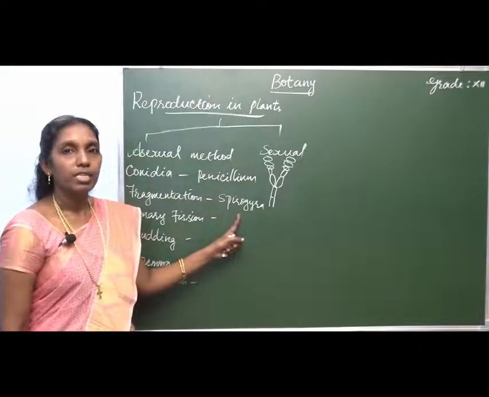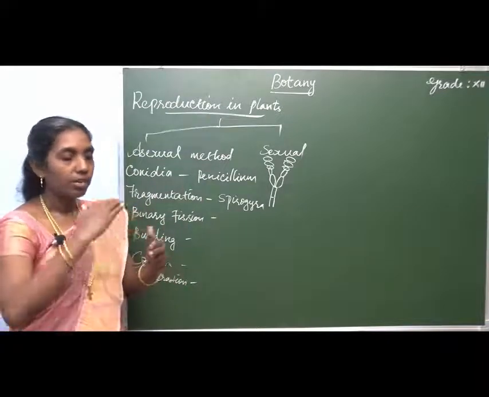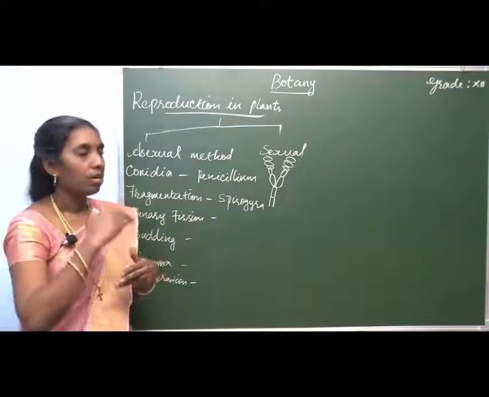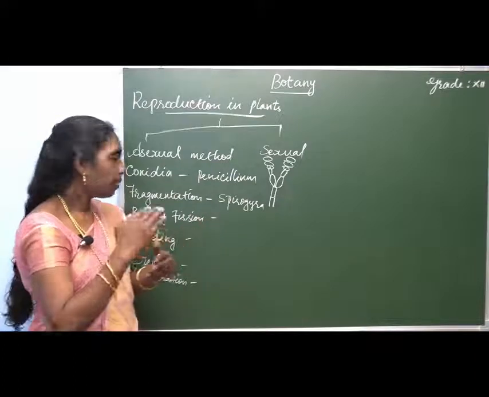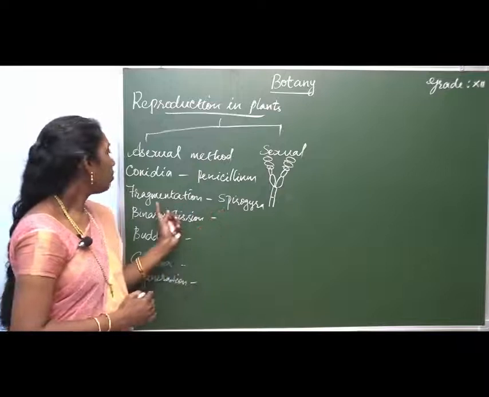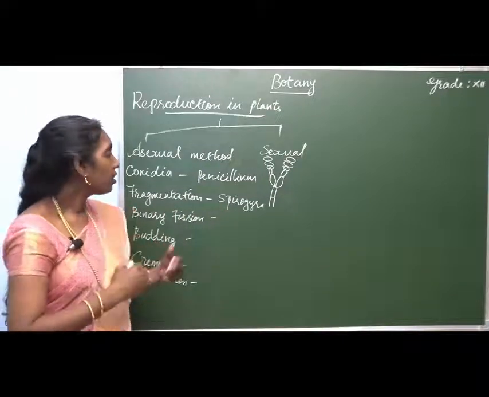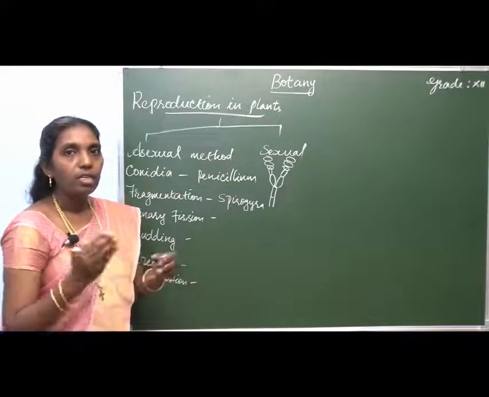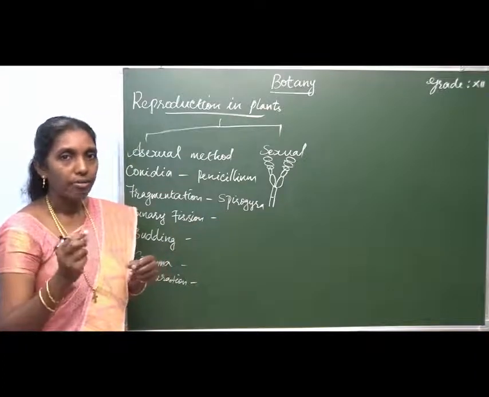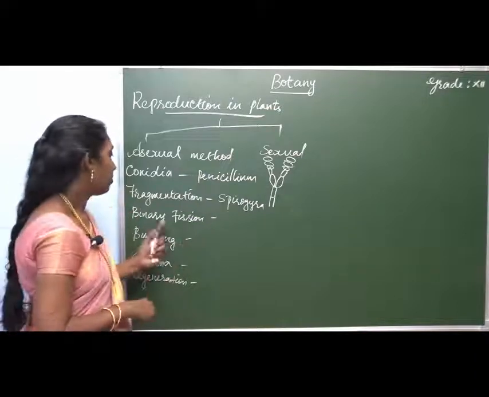Spirogyra is a filamentous alga. When this filamentous alga is accidentally detached, or when the plant is fragmented, the fragment is a simple bit of thallus. The plant body of algae is thallus. When it is detached from the parent, the simple bit or fragment has the ability to develop into the entire organism.